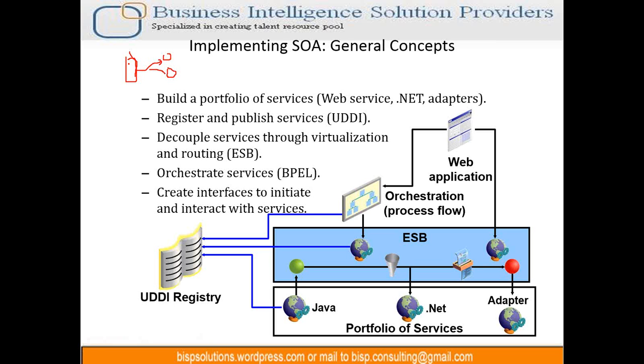Then comes the orchestration of services using BPEL. BPEL is an orchestrating engine. The word orchestration comes from the word orchestra. If you have seen an orchestra, there is a person standing in the middle who directs the orchestra to perform a particular tune. BPEL does the same thing: it orchestrates the services to perform a business function. For example, there are two services.